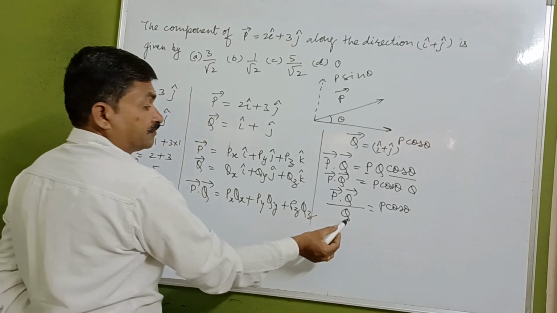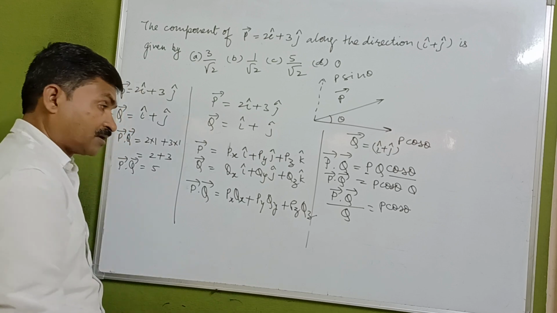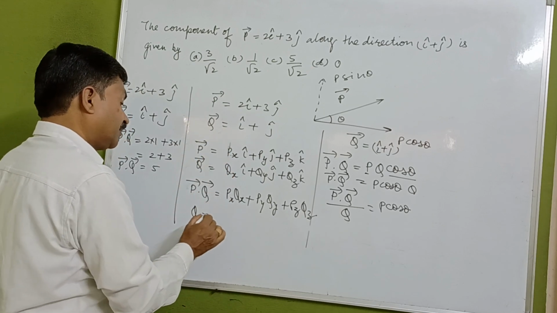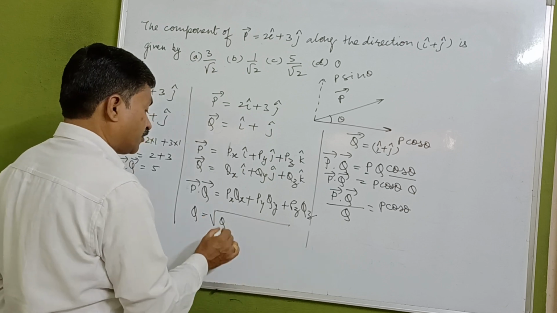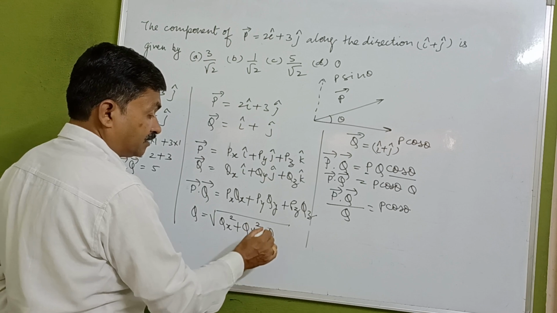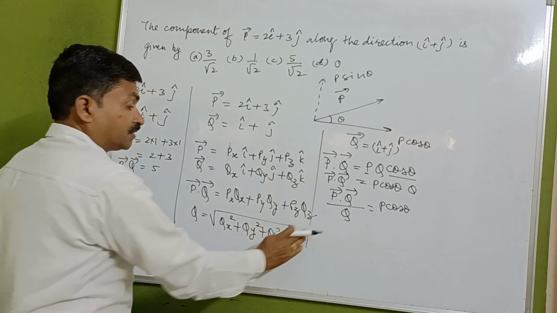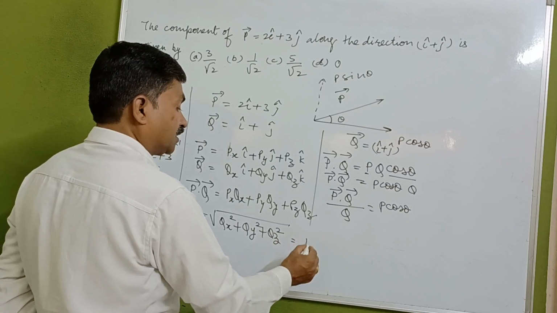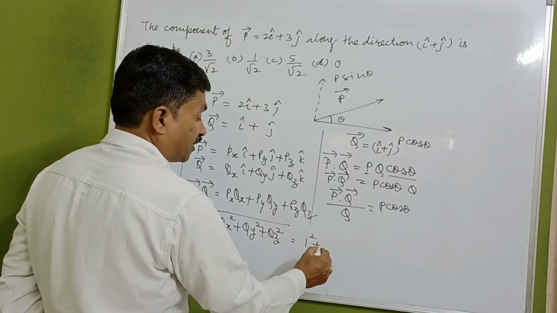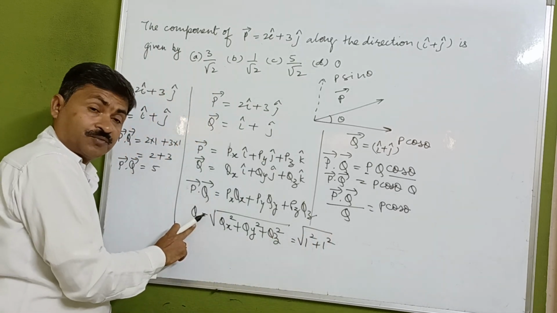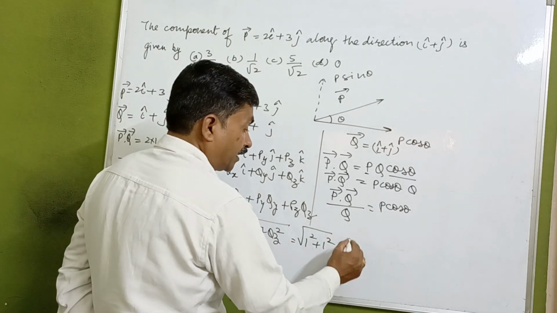And we need to determine the magnitude of Q. For the magnitude, we need the square of the x component, y component and z component. Here we have only x and y components, so 1 squared plus 1 squared under root gives the magnitude of Q, which is root 2.